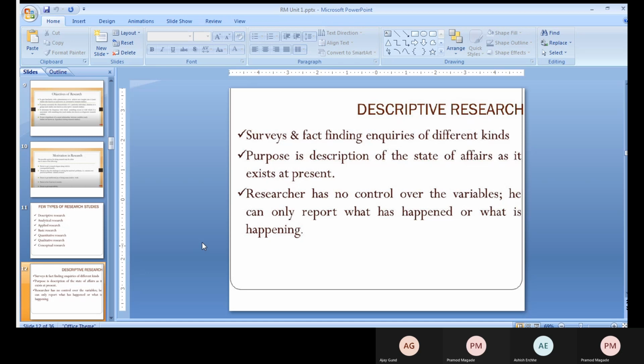Descriptive research means I have to focus on some authors according to year. Suppose I want to do descriptive research on this, starting from this day. So what should I do? I should take research papers on that particular topic from the year 2015 to date. Understood?